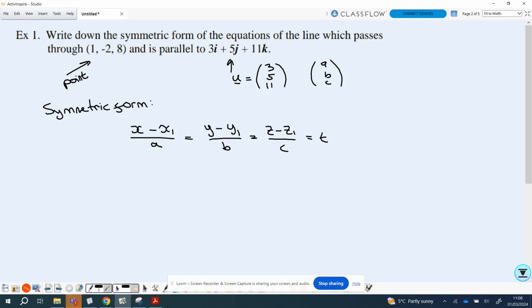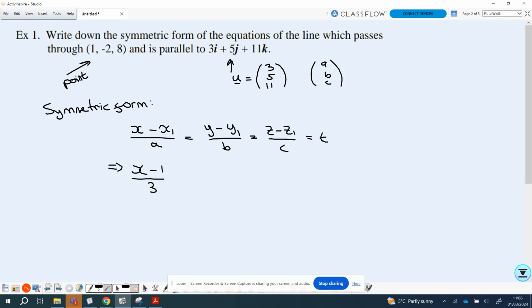We got that from there. So what would that look like with our information? Well, x1 is the x component of the point that I'm using, so it's 1, so it'll be x minus 1, divided by a, which is the x direction along my vector u, which is 3. So that's my first fraction there.